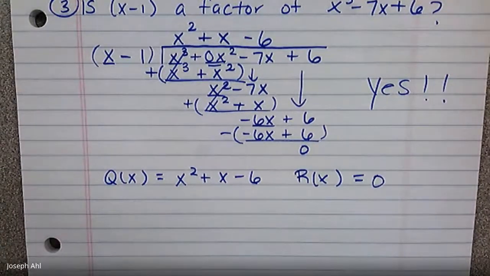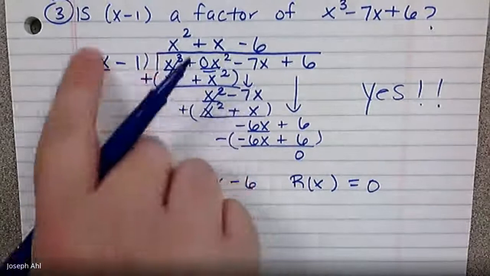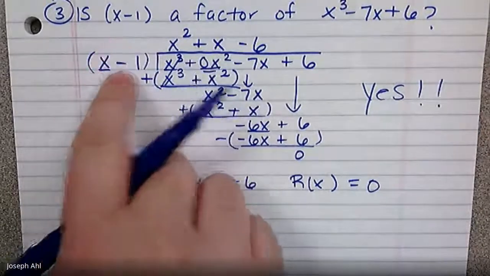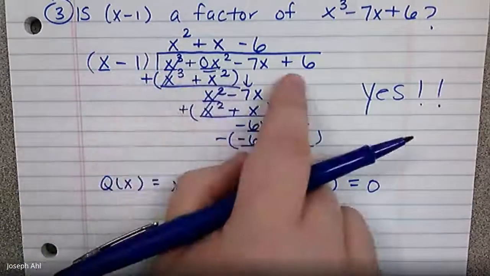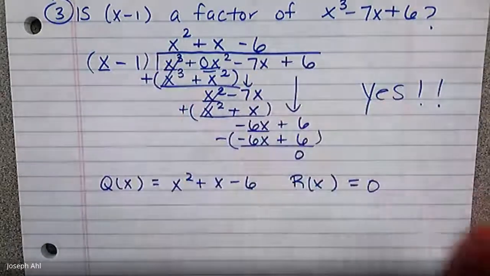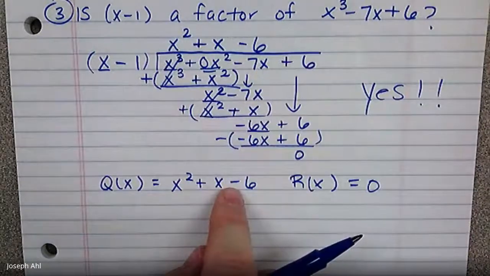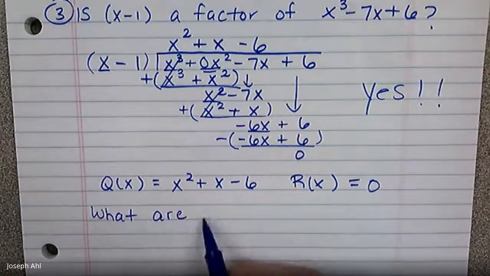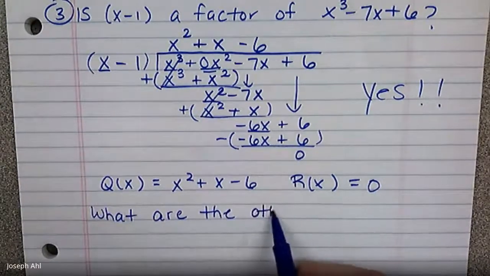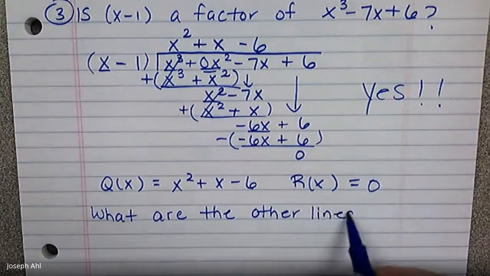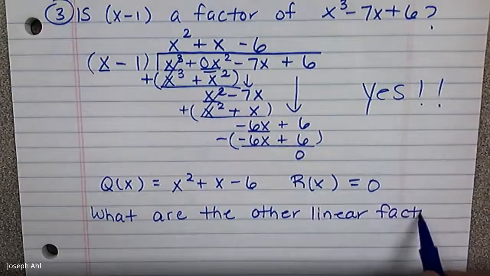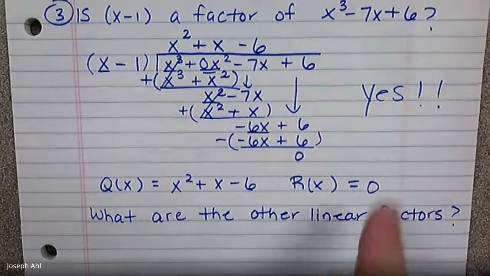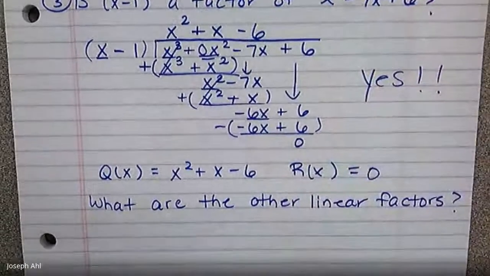Okay. So when you divide a linear term right here, right, x to the first would be something that's linear, into something that's cubic, the quotient that you're left with will always be quadratic. And if I asked you what are the other linear factors of this cubic polynomial right here, we can actually determine that pretty easily.